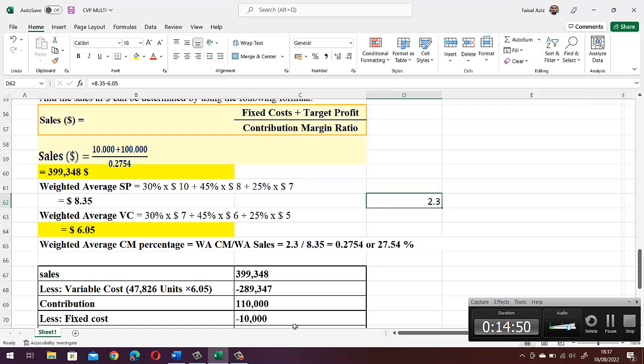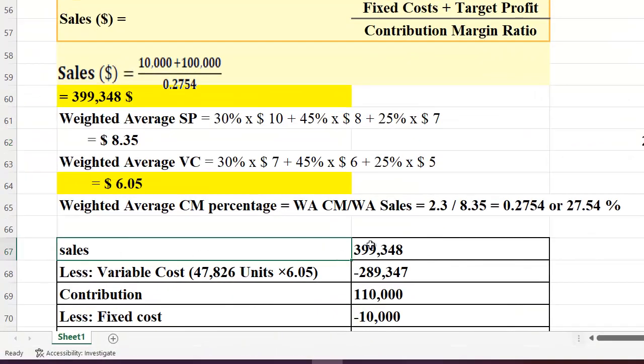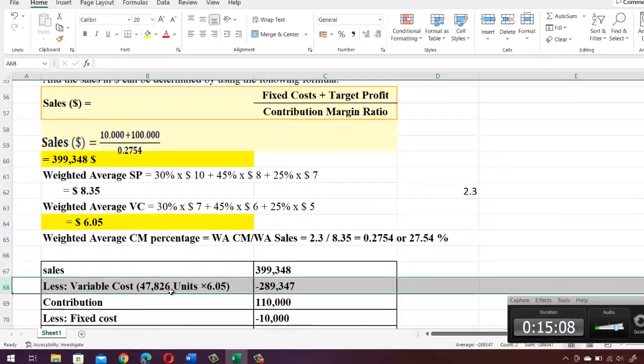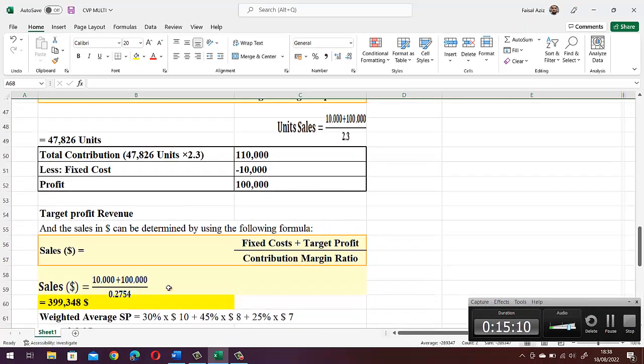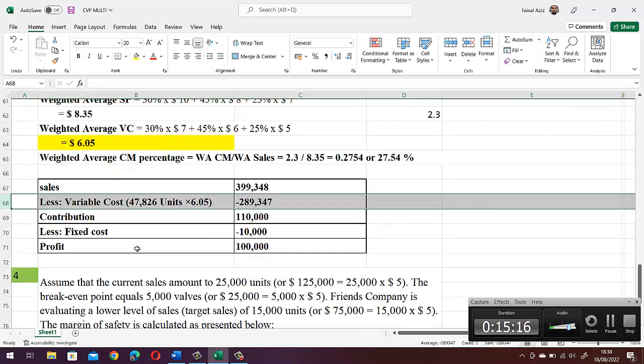Now we can check our answer. Let's say our sales are $399,348, and then we need to minus the variable cost. The variable cost: 47,826 units we have calculated here, and we need to multiply these units by the weighted average variable cost, which is 6.05, and this will give us $289,347.